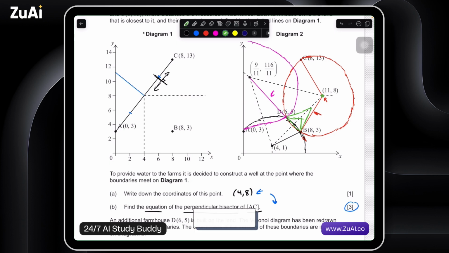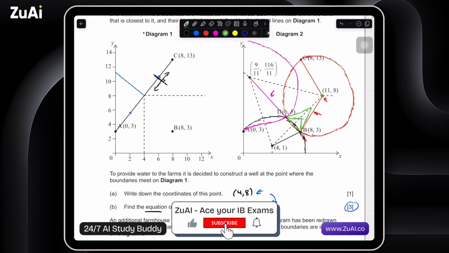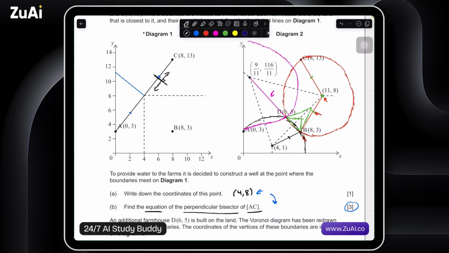This is the farthest essentially that we can get, where we're still an equal distance away from both. And same here, we're an equal distance away from both at this point. So which one is going to be the largest? It is going to be the one with the circle that has the largest radius.